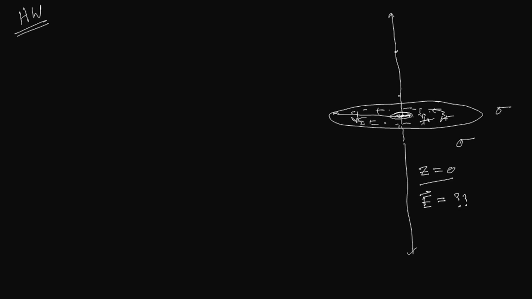But if there is a charge at the center, then the charge that lies at other points will create a 0 electric field here. But the charge that is situated at this point, at the center, will create an electric field in the opposite direction, and this direction and this direction.